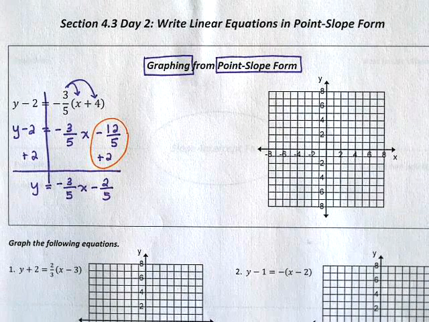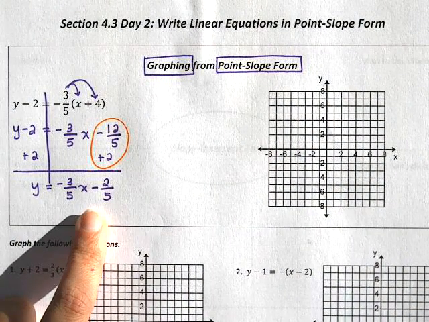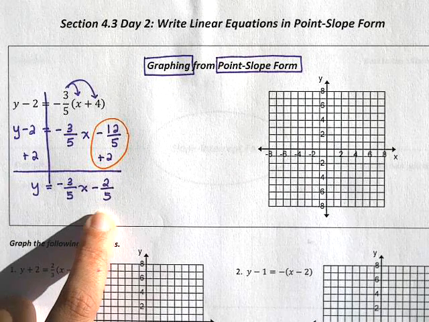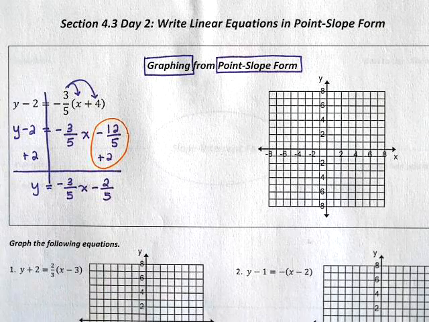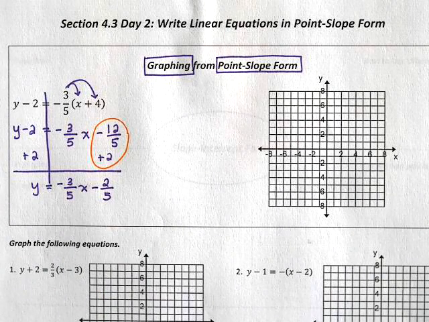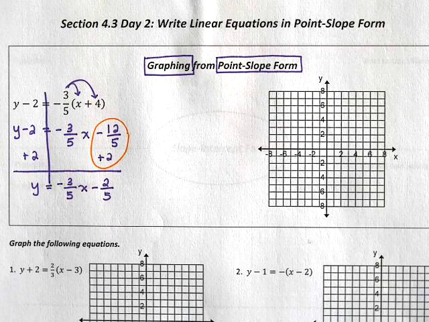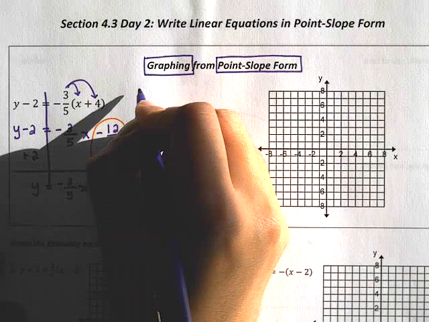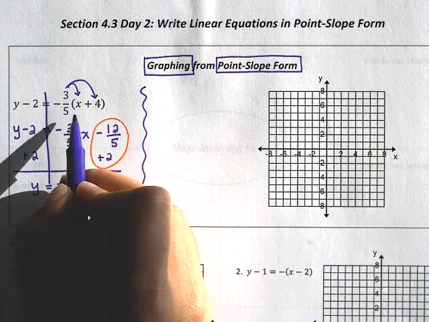Now, I don't know about you guys, but graphing this, if I tried to use y equals mx plus b, would be a real challenge because the b here is not a nice number. It's not even a kind of nice number like 0.5, where it's easy to count on a graph because it's just halfway. It's really not a nice number. So option 2, which I think is the better option, is to say, you know what?